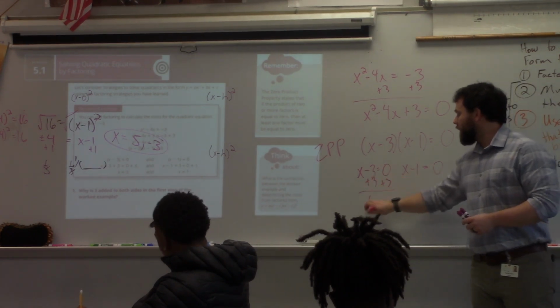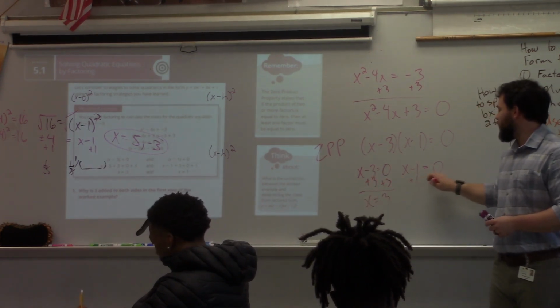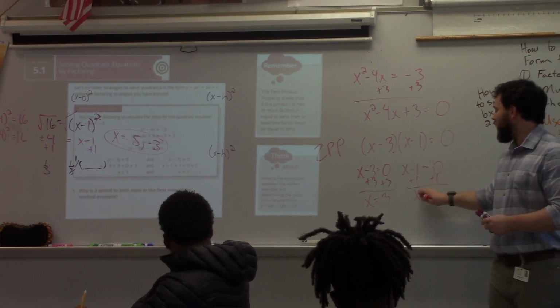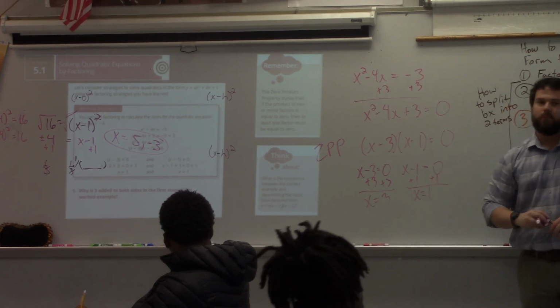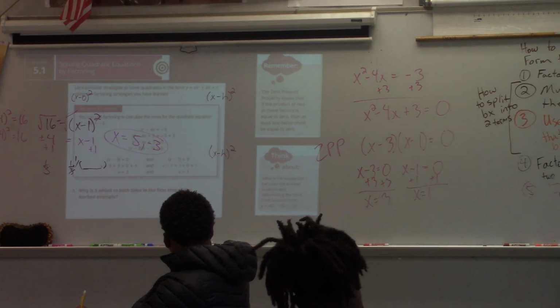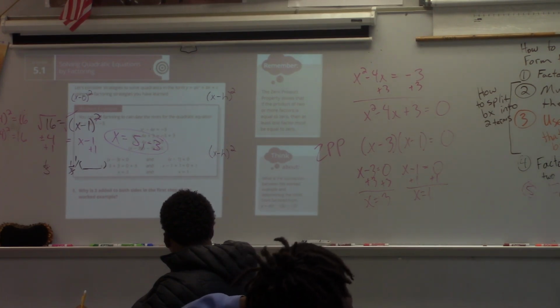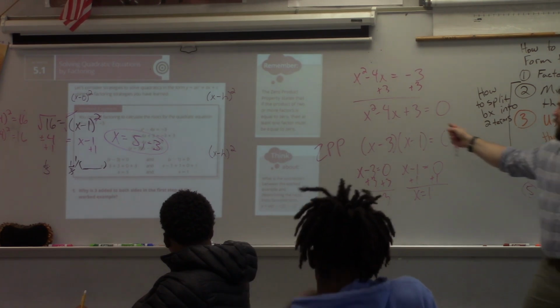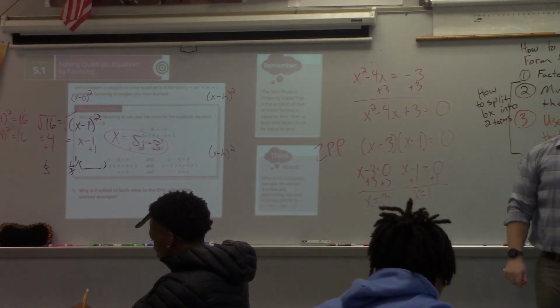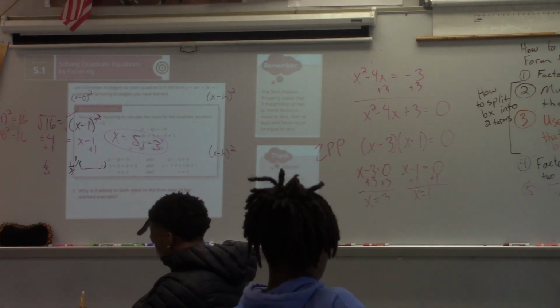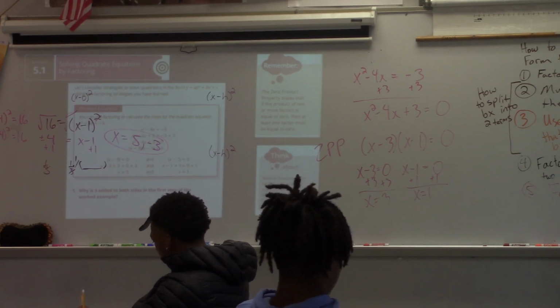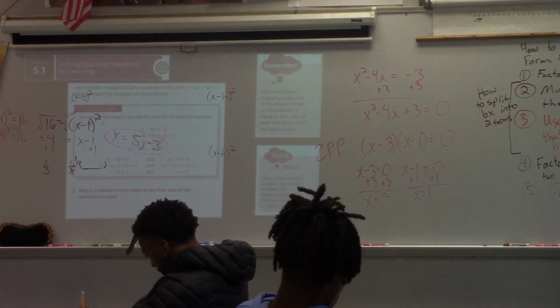So, don't forget, the reason we're doing what we're doing is we cannot solve a quadratic in what form? Standard. But if I can get factored form, and it's equal to 0, I can use what property? Zero product property. I want to go from standard form to factored form so that I can use that zero product property.